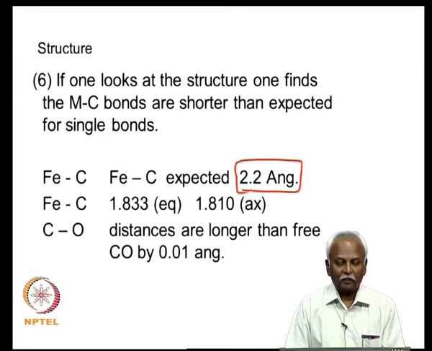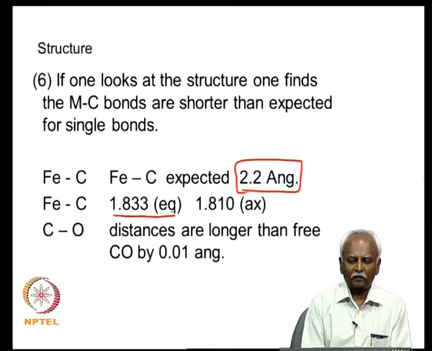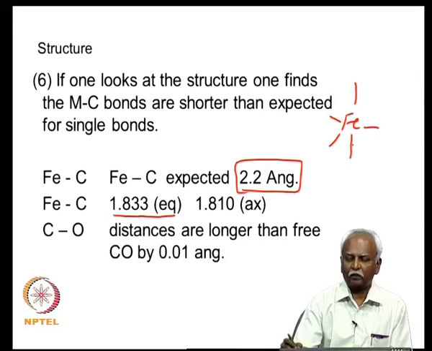But the Fe(CO)5 molecule turns out to have an iron carbon bond distance of 1.83 angstroms in the equatorial position. So, here is a molecule which has 5 ligands. It has a trigonal bipyramidal geometry.